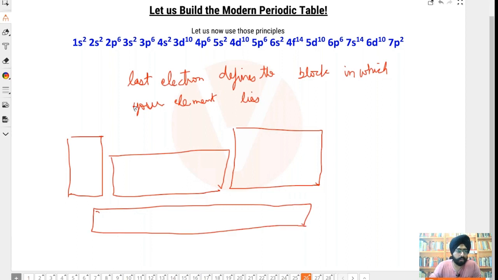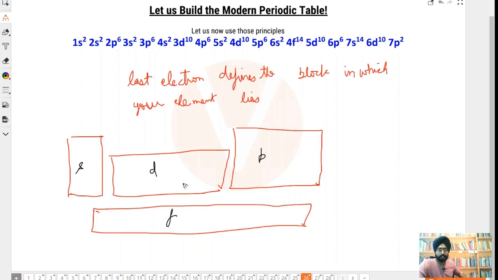These blocks are known as the S block, P block, D block and F block. Whenever you are writing the electronic configuration, whichever subshell you fill the last electron in, that judges which group your element will be in the periodic table.